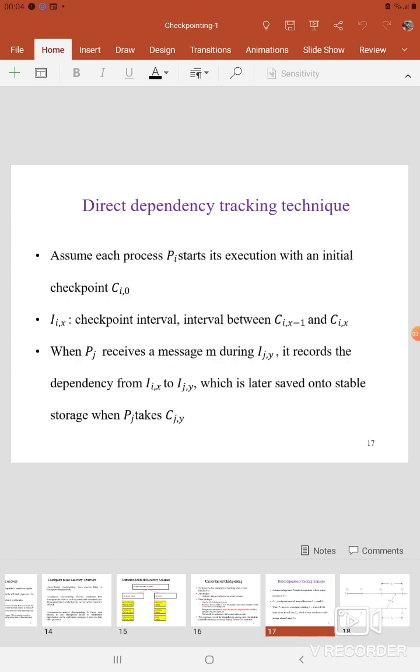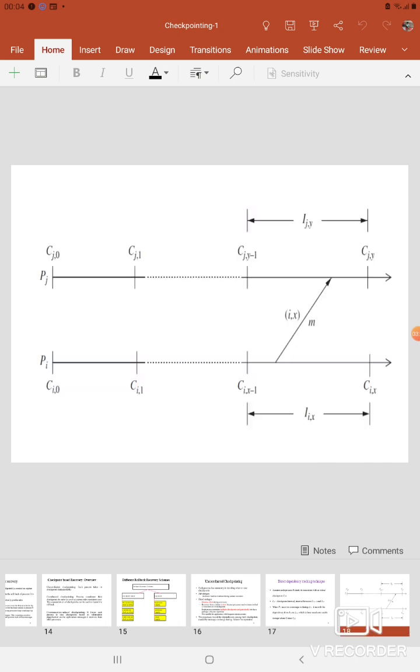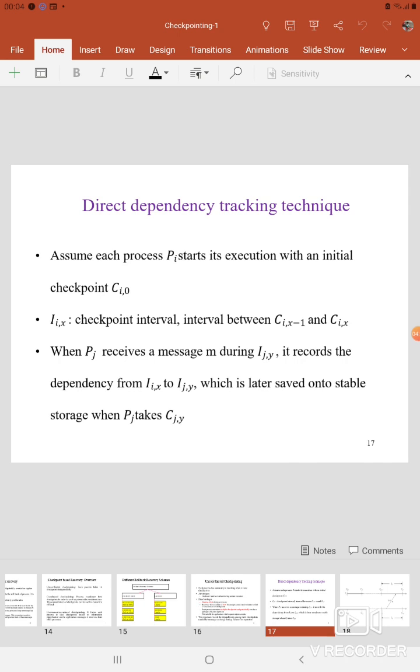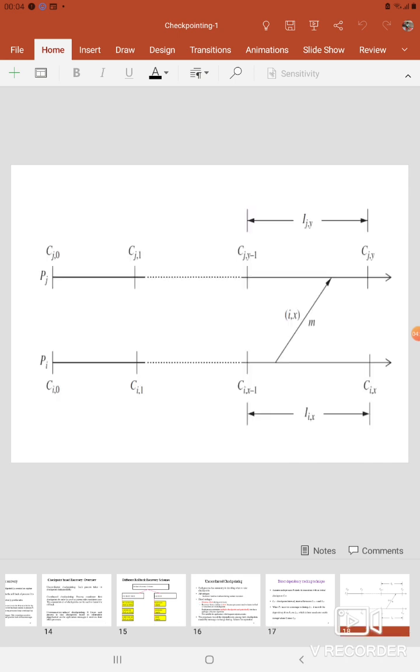We are assuming that process Pi starts its execution with an initial checkpoint Ci0 and Pj starts its execution with the starting checkpoint Cj0. And at regular intervals we are taking the checkpoints. For example, Ix and Iy are the checkpoint intervals.